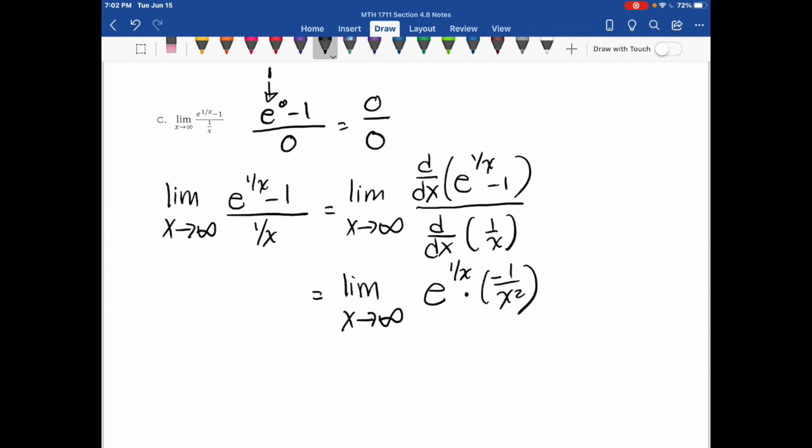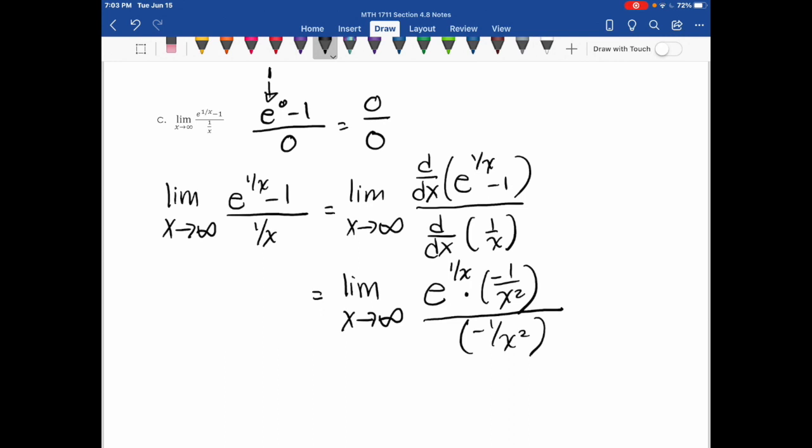You can use the quotient rule for that, or you can rewrite 1 over x as x to the negative 1 power and then use the power rule. Either way, you're going to get the same thing. So this is the derivative for e to the 1 over x. And then when I take the derivative of the minus 1, that's a constant, so that's 0 and it disappears. Now in the denominator, if I take the derivative of 1 over x, I'm going to get negative 1 over x squared.